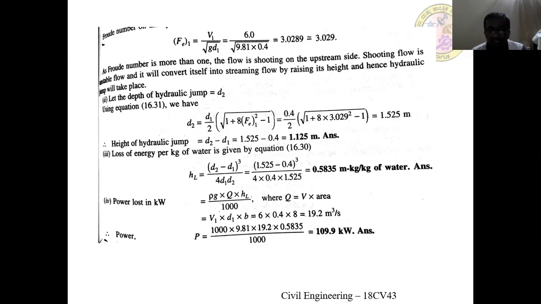We substitute rho equals 1000 kg, 9.81, 19.2, into loss of head 0.5835 meters of water, divided by 1000, we get 109.9 kilowatts of power is lost in this condition.